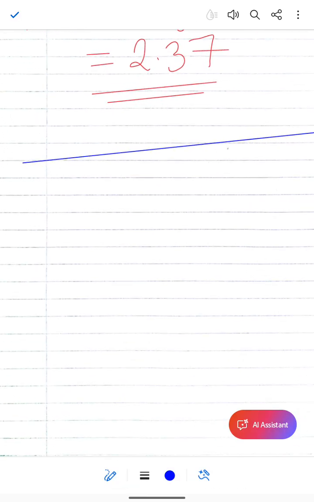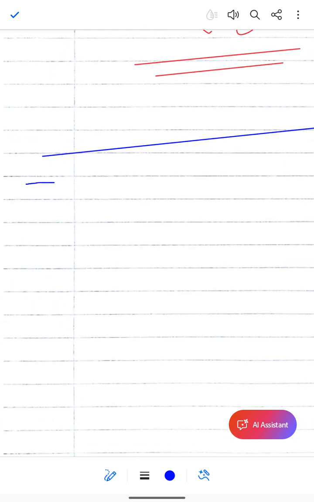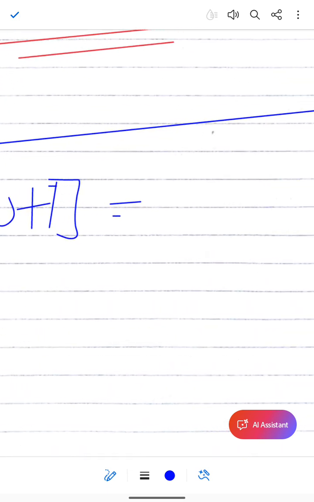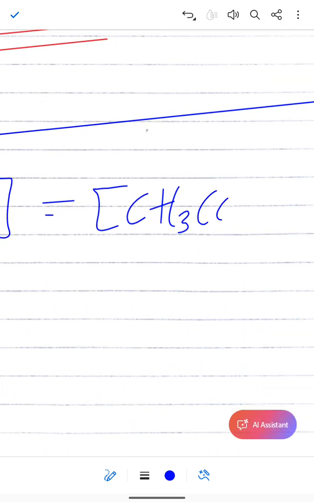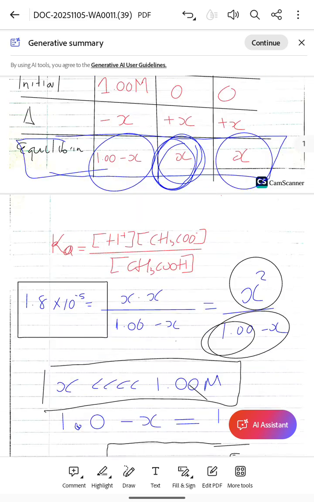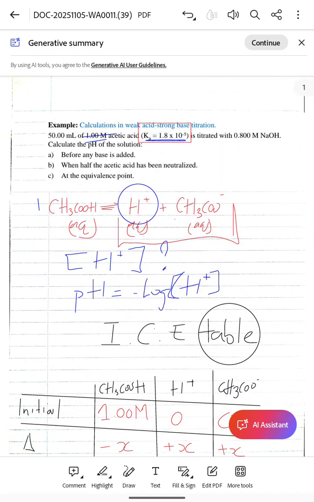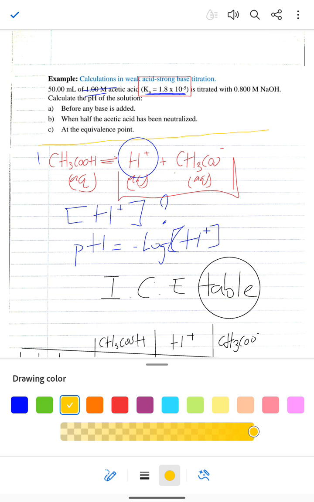When half of the acetic acid is neutralized, we can both agree that from the equation I gave you above, the concentration of the acetic acid CH3COOH equals the concentration of the acetate ion, right? And why is that? Because from our balanced chemical equation, this is a 1-to-1, this is a 1-to-1, right?